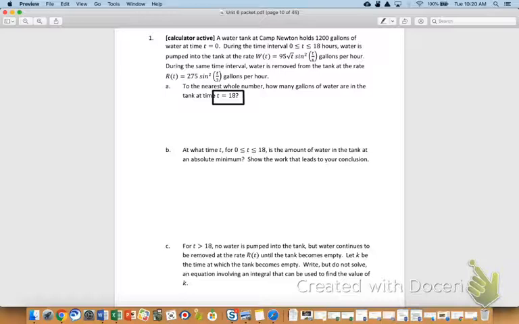They say water is pumped into the tank at a rate of W of t gallons per hour. They gave me a rate. And then during the same time interval, water is removed from the tank at a rate of R of t gallons per hour.